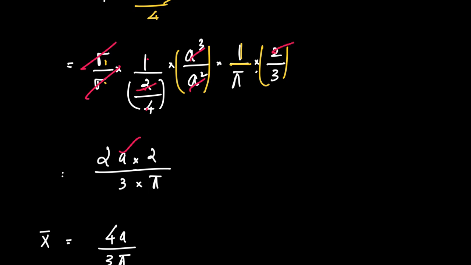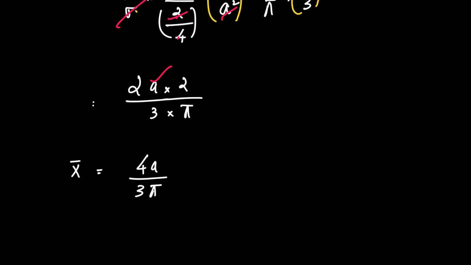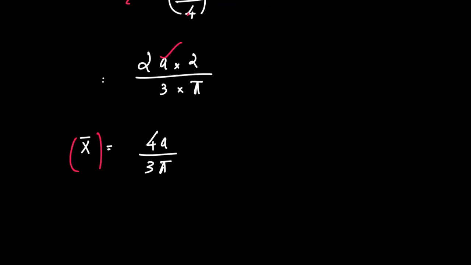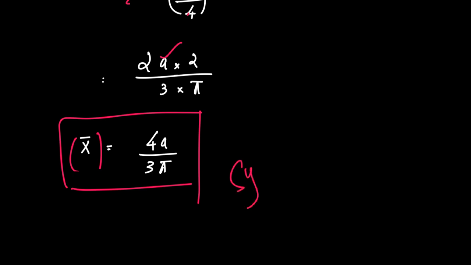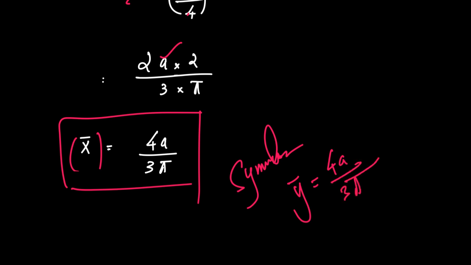Yeah, so 2 by 2 is 1. That becomes 4 by 3. Yeah, so what we get is x bar is equal to 4a by 3 pi. And since the figure is symmetric, we can say that y bar is also equal to 4a by 3 pi.